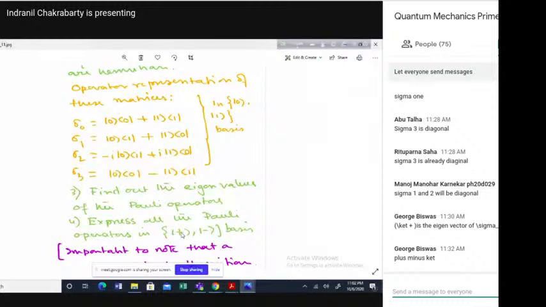Plus is nothing but 1 by root 2 (0 plus 1), and minus is nothing but 1 by root 2 (0 minus 1). Yes, they are diagonal. Sigma 1 and sigma 2 eigenvectors are (1, 1) and (1, minus 1), and so. Sigma 2 is spin.